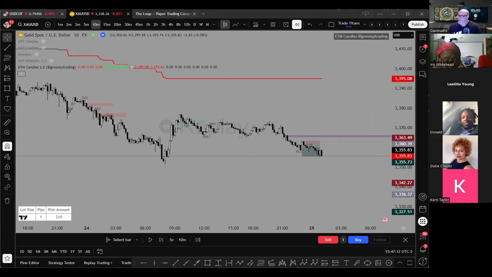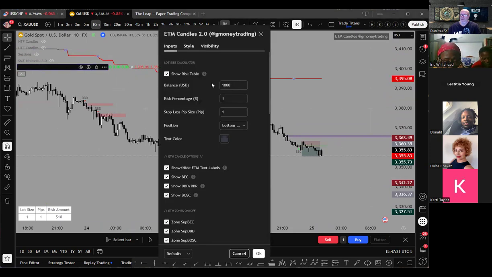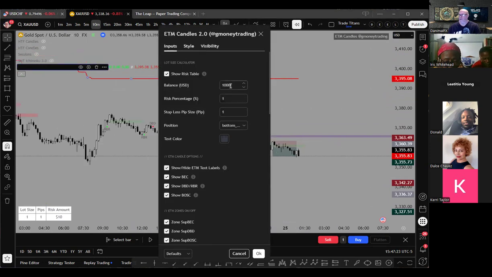Does the risk management tool come with it? Yes, it does. So let me quickly go over the risk management tool. The risk management tool is at the very top. So say you have a $100 account and you want to risk 1%, and your basic stop is, say, 50 pips.